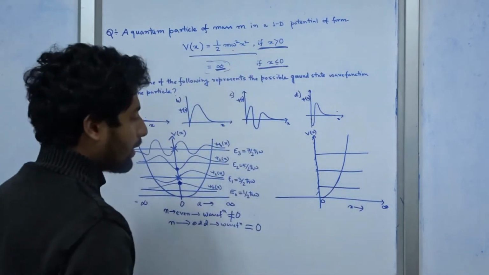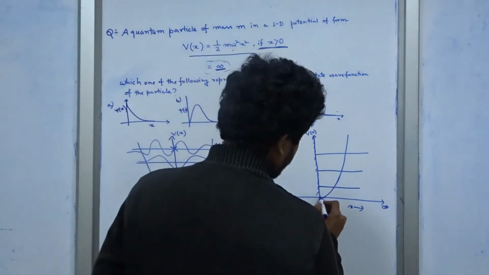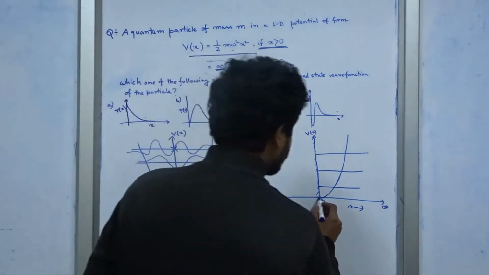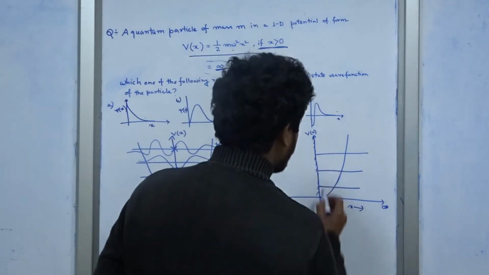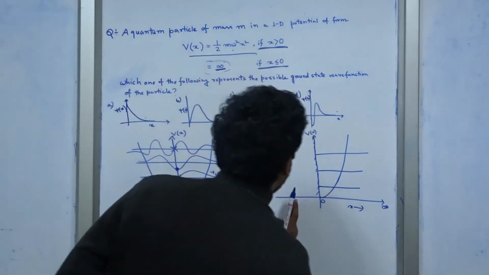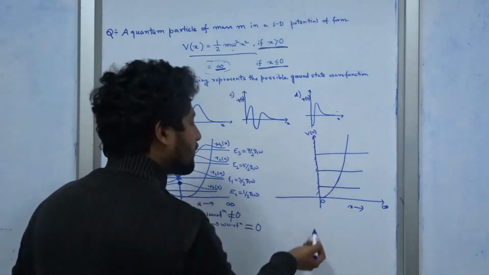First thing is that this is not extended in this form. There is a sharp boundary. After this, for x less than 0, the potential is infinite.